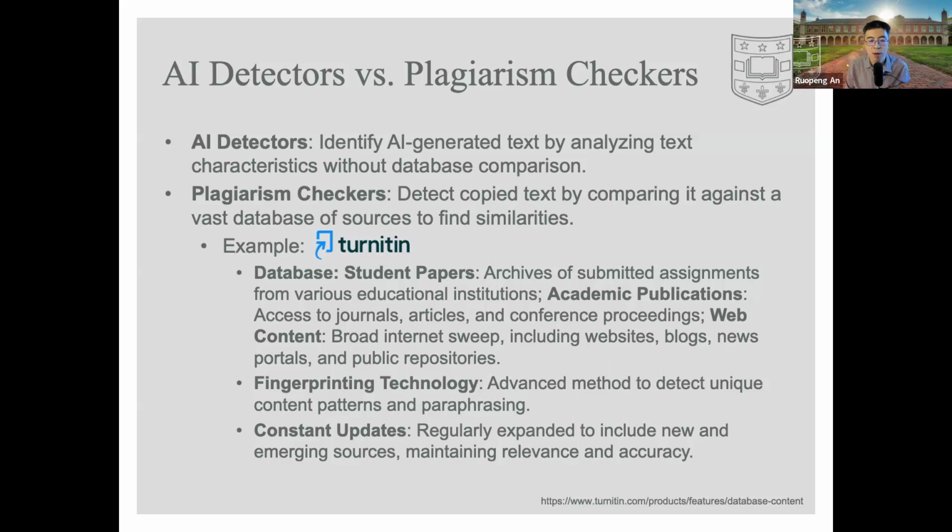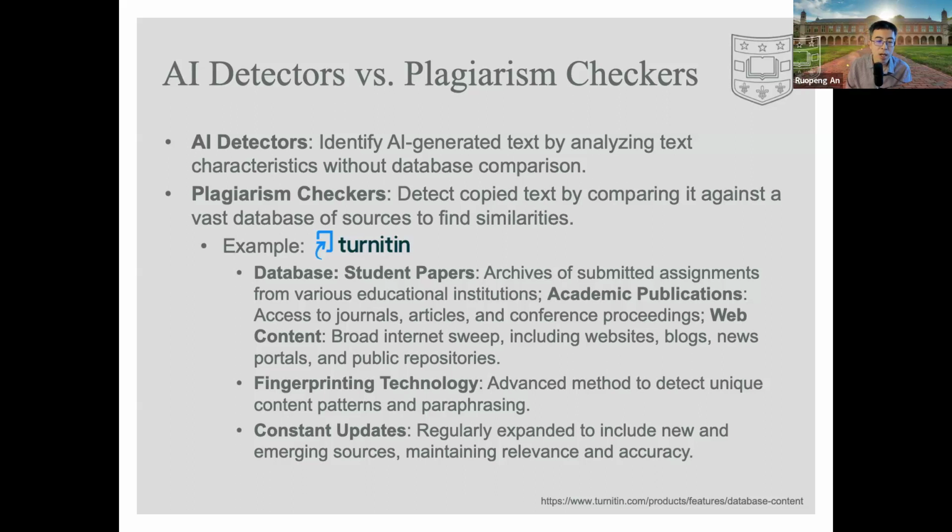So it has a vast database consisting of student papers, academic publications, web content such as websites, blogs, news portals, public repositories, etc. So it has a huge database to compare the text against.